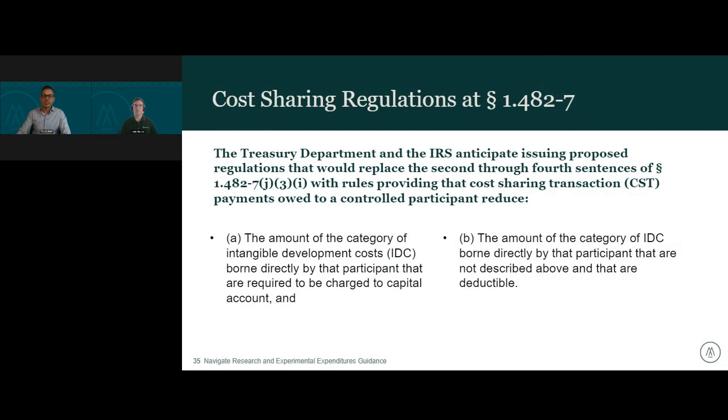Finally, I'd like to briefly touch on how the notice addresses cost-sharing arrangements. The important thing here is that right off the bat, the guidance only applies to participants in a qualified CSA, cost-sharing arrangement, that would meet all of the relevant administrative requirements.